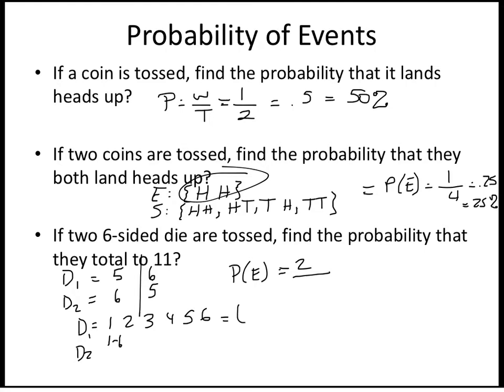So that gives me 6 times 6, which is 36 different configurations. So 2 divided by 36 is 1 over 18. 1 divided by 18 is 0.055 repeating, so about 5 or 6% chance that if you roll these dice, they'll total up to 11.